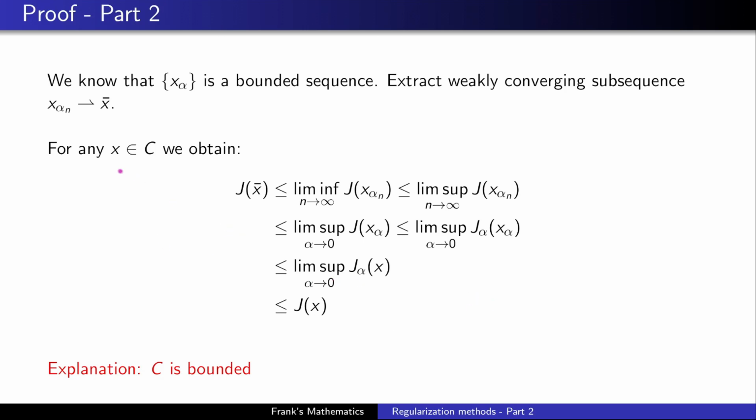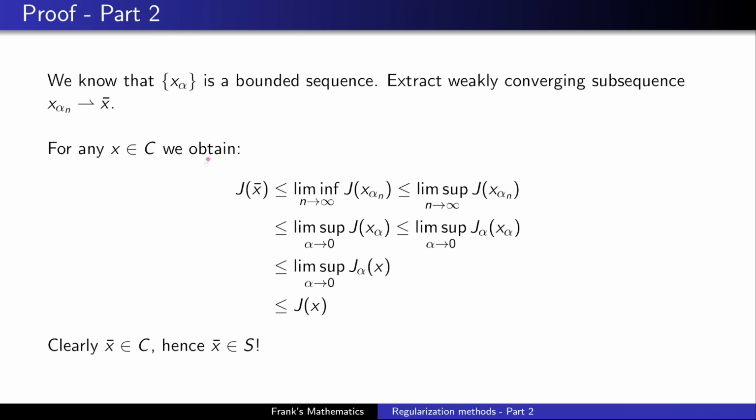We have shown that for any x in our admissible set, j evaluated at x bar is less or equal than j evaluated at x. Meaning, well, x bar is in fact a minimizer. The only thing we are left to show is that our limit x bar is in fact in our set C. But this is true since C is a weakly compact set. So this finishes the proof of part 2.